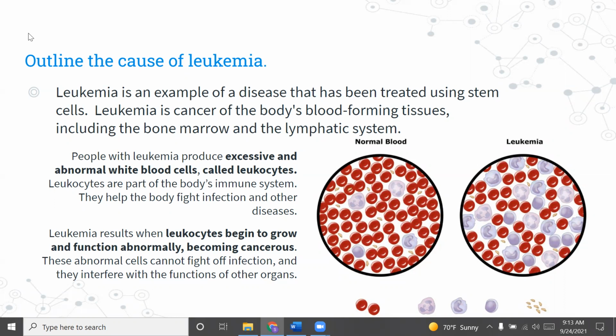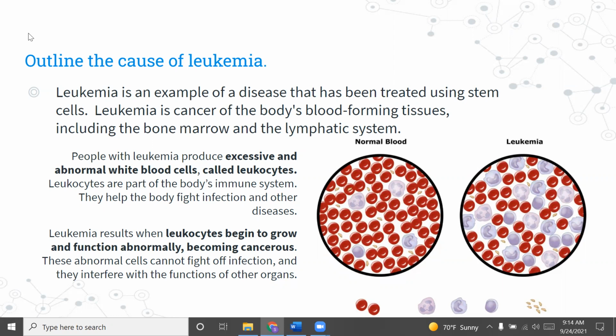While we wait for that, let's keep going. So leukemia is an example of a disease that has been treated using stem cells. It is cancer of the body's blood-forming tissues, including bone marrow and the lymphatic system.